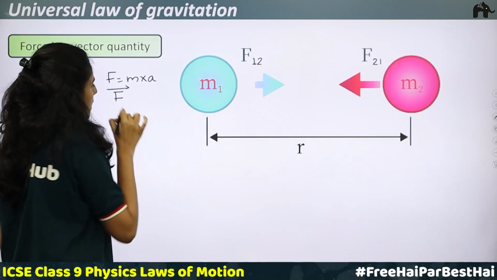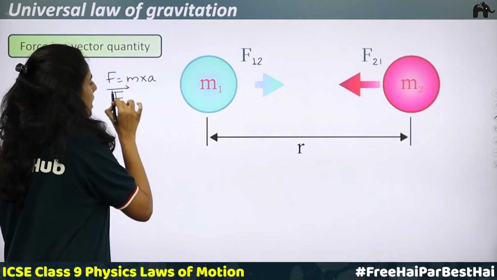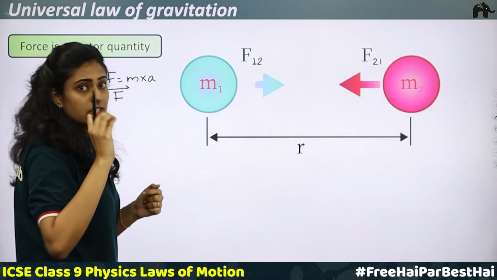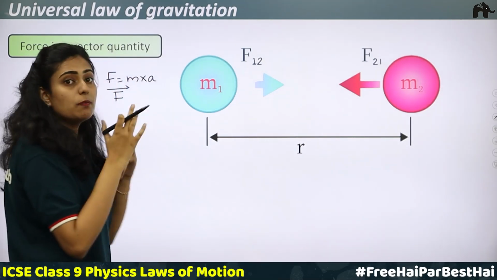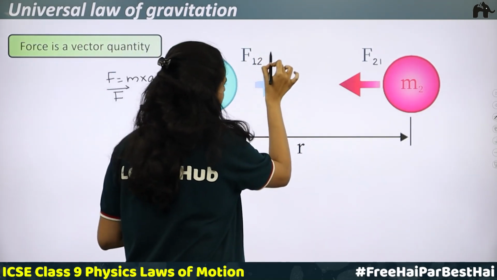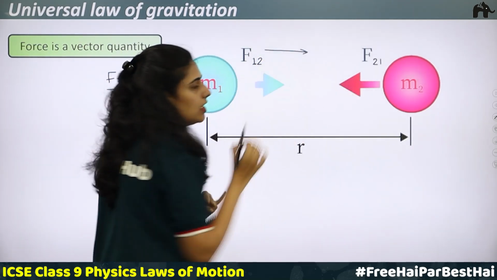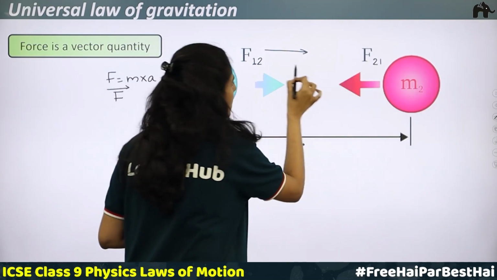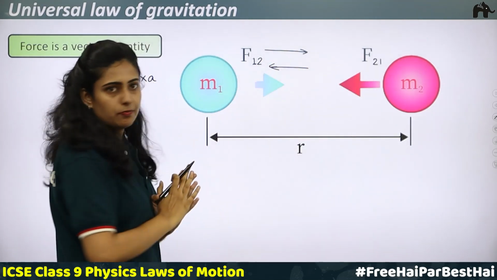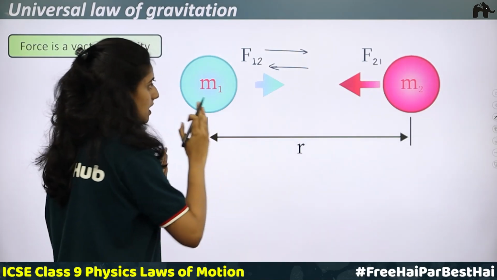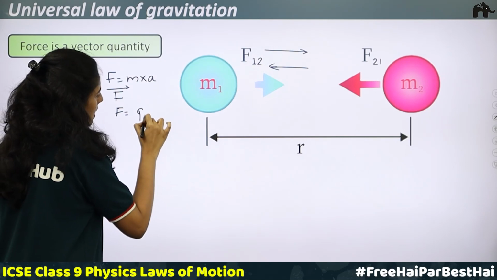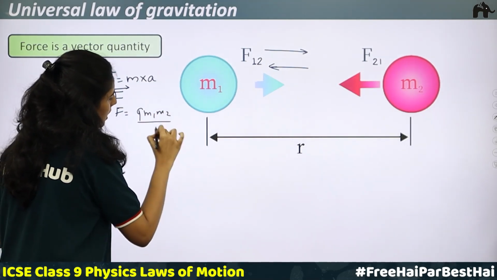Vector quantities are represented with an arrow mark above them. Force is a vector quantity, therefore it has both magnitude and direction. Here you can see F12 is acting towards M2 and F21 is acting towards M1. We have F is equal to G M1 M2 divided by R square.